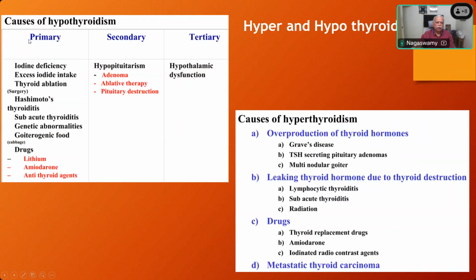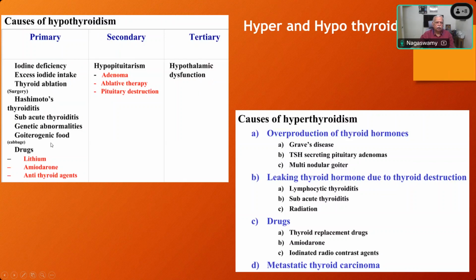Hypothyroidism can be primary, secondary, or tertiary. Causes of primary are iodine deficiency or excess iodide intake, thyroid ablation after surgery, or Hashimoto's thyroiditis, or inflammation like subacute thyroiditis, or genetic abnormalities, and some drugs like lithium, amiodarone, and antithyroid agents.